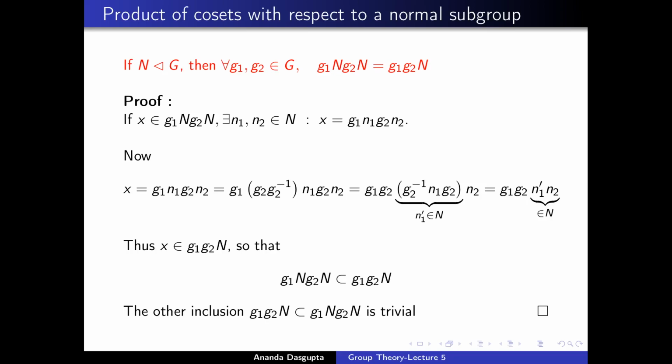That is, instead of taking G1 as a label corresponding to G1n, if I had taken G1 prime, which is some other element in G1n, and instead of taking G2 as a label corresponding to G2n, I had taken G2 prime, then of course my rule would have ended up telling me that the product is G1 prime, G2 prime n.